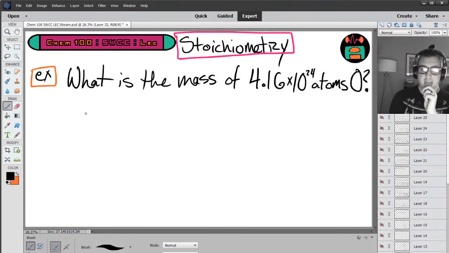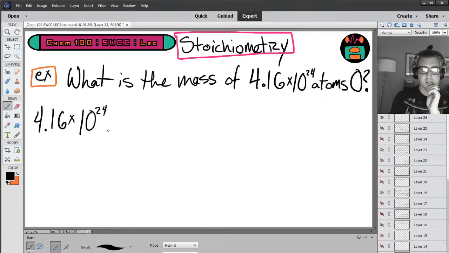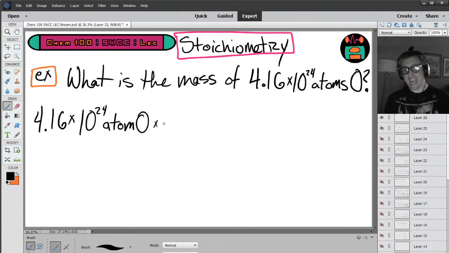All right. Now, this is the same problem, just in reverse. So here, we're given the quantity in atoms, and we're asked to find what mass this has. Now, there is no conversion to go from atoms to grams or from grams to atoms. But we can go from atoms to moles.